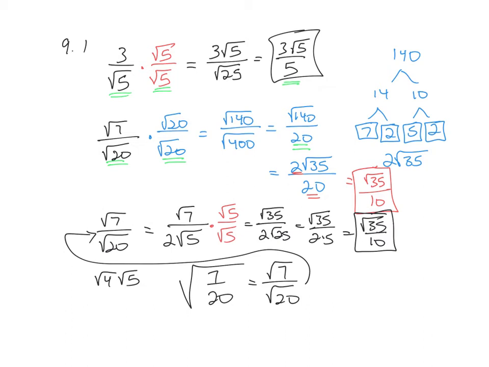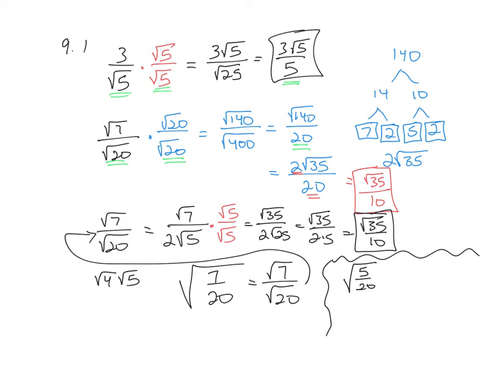So if you started like this, let's see, 5 over 20. And so here's our 20.